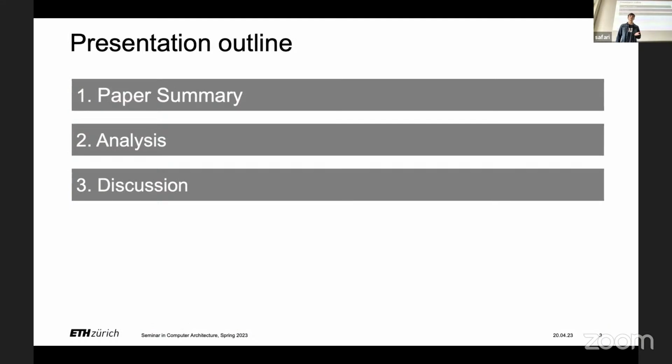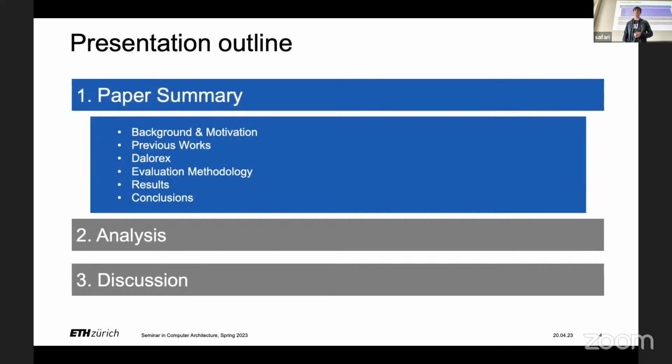So this is the presentation outline. I'm going to start with a paper summary, then will come my personal analysis of the Dalorex work, and at the end there will be some discussion. Starting with the paper summary, I'm going to give you some background and motivation to understand the work better.